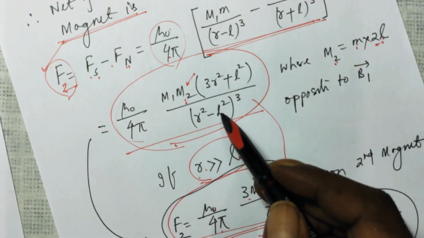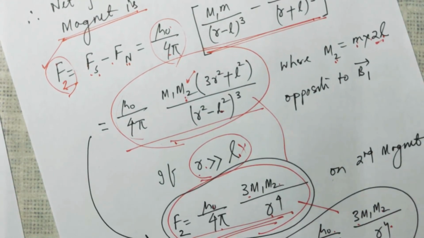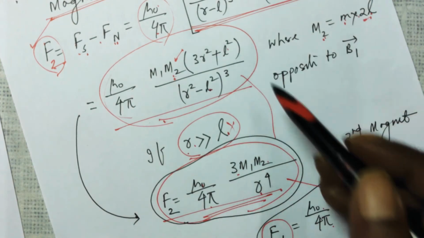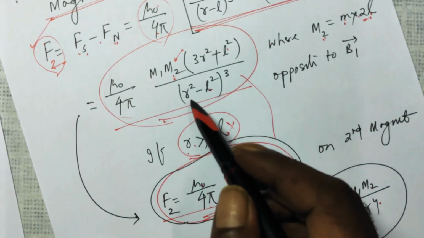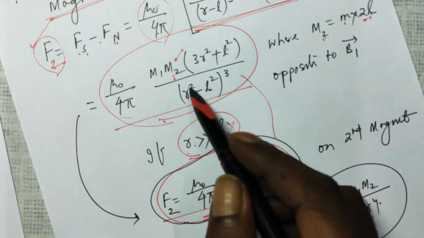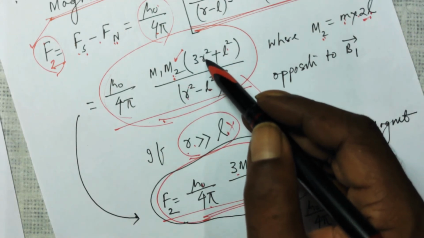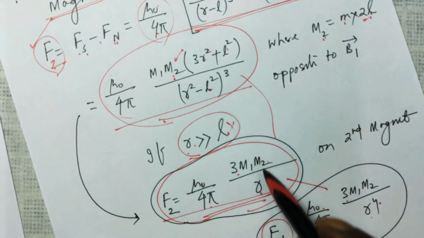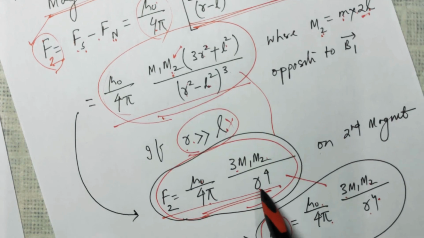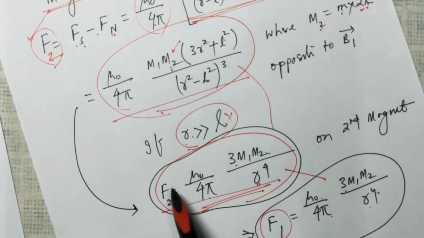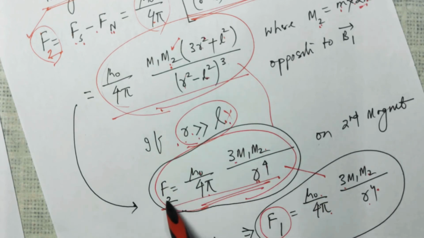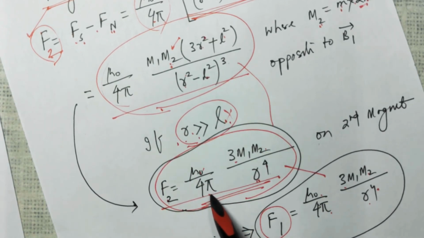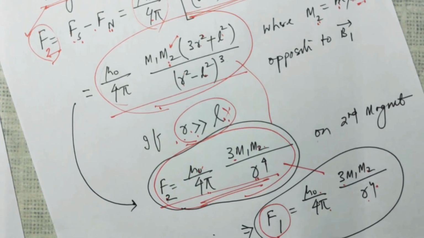So neglecting L here and L here, the denominator becomes r to the power 6, and here we have r squared. So in the denominator we are left with r to the power 4. So if r is very much greater than L, the force is equal to mu naught over 4 pi, 3 m1 m2 over r to the power 4.